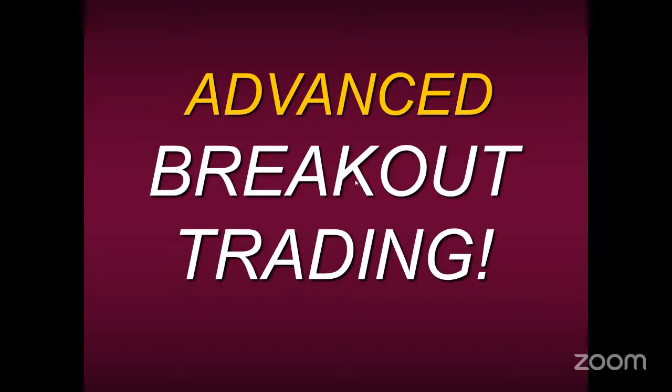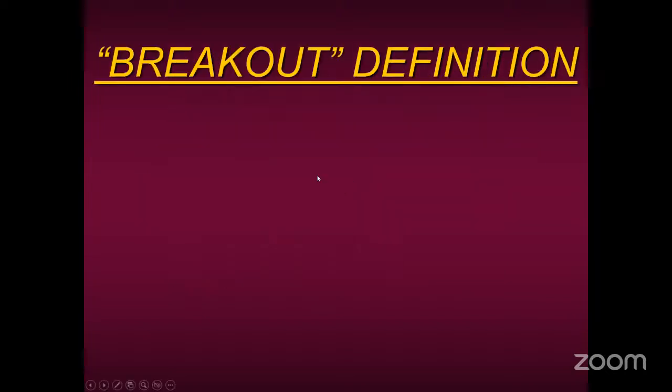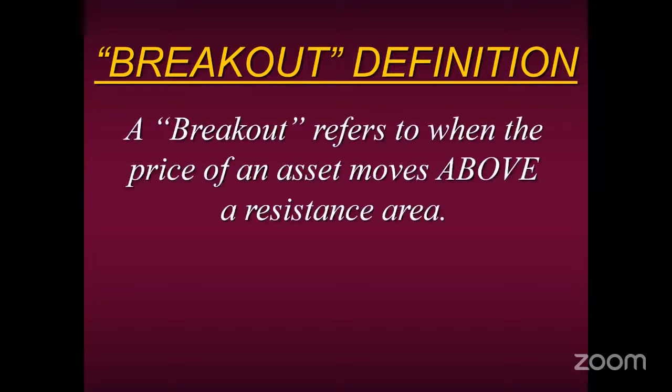For example, let's take a look at this chart here. First of all, I'm sorry, let's talk about a breakout definition. I kind of went ahead of myself there. For those of you who aren't familiar with what a breakout means, here's the standard definition. A breakout refers to when the price of an asset, this could be a stock, crypto, currency pair, or future, moves above a resistance area.